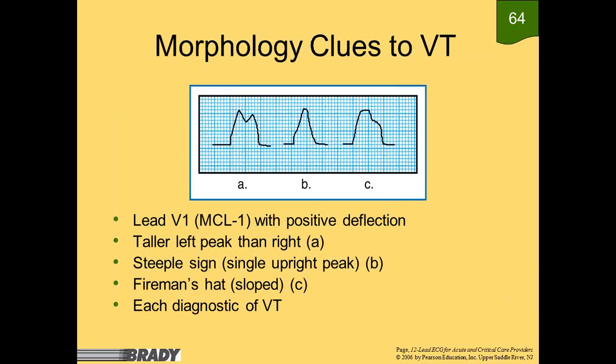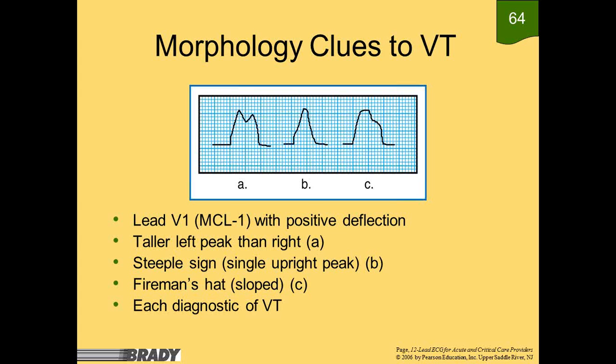Okay, so morphology is the shape. Sometimes we get the shape, and these are just really easy to see. Boom, they're right there. So we're going to look at V1, the same one we're looking at for everything else, and we're going to look at the morphology of that. If you see them shaped like any of these 3, like in A, it's a taller left peak than a right peak.